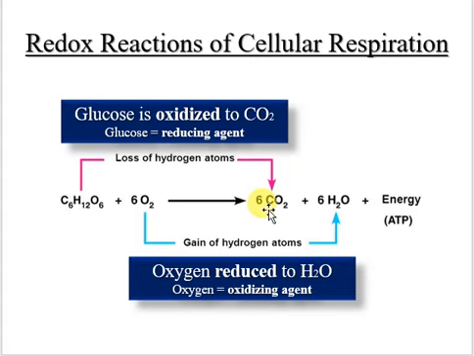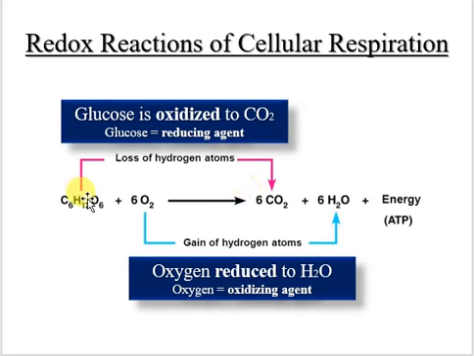So because glucose is losing these hydrogen atoms, it is being oxidized. Now, glucose itself, even though it's being oxidized, we call it the reducing agent, right? Because it will give those hydrogen atoms that are lost to the oxygen molecule.